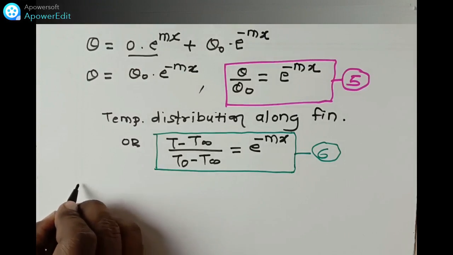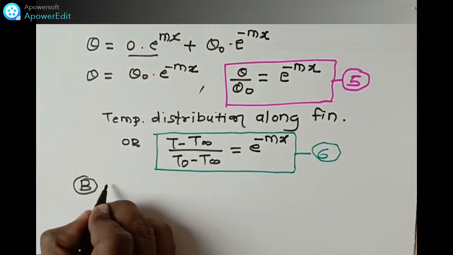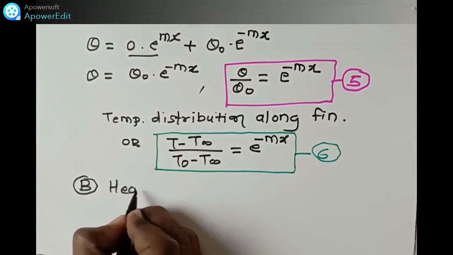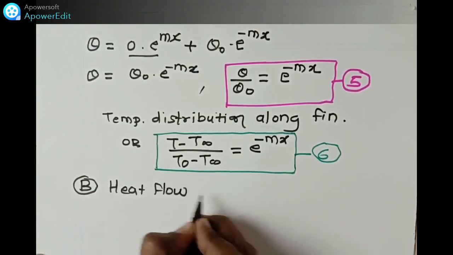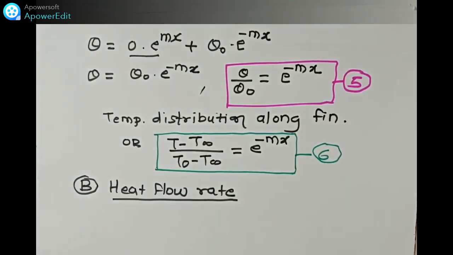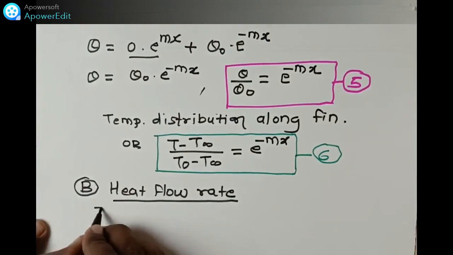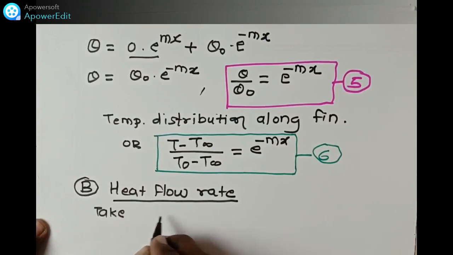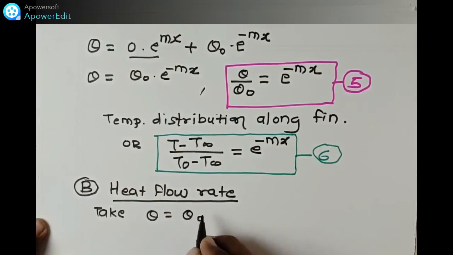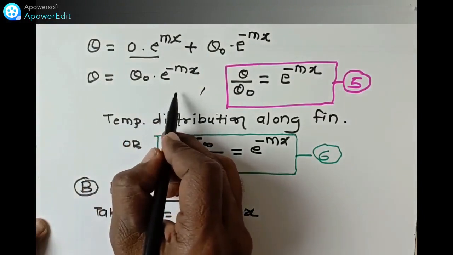Now part B. Here we will have heat flow rate. For this we will now have the equation. So take theta is equal to theta 0 into e raised to minus mx, that is the above equation.